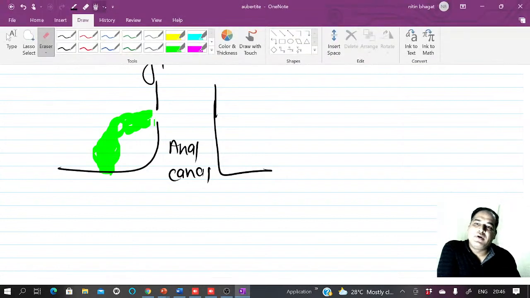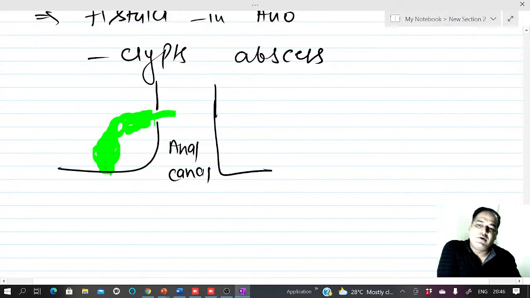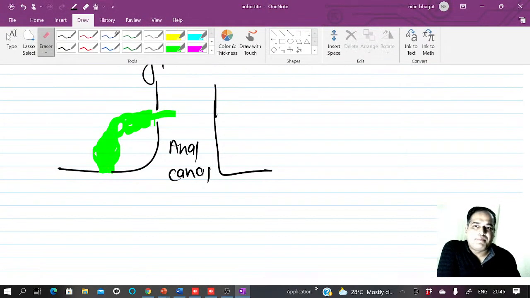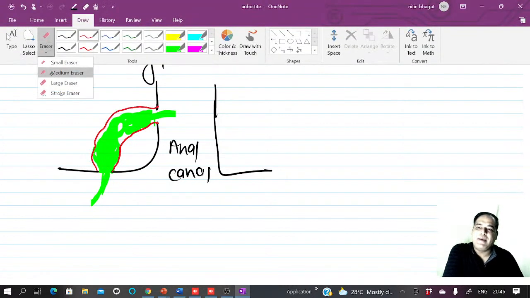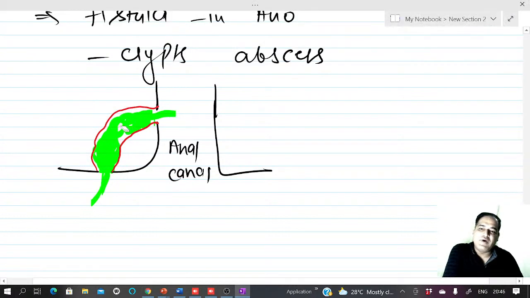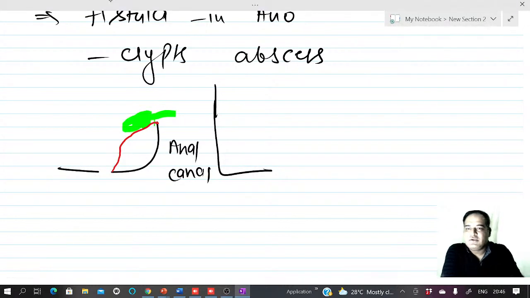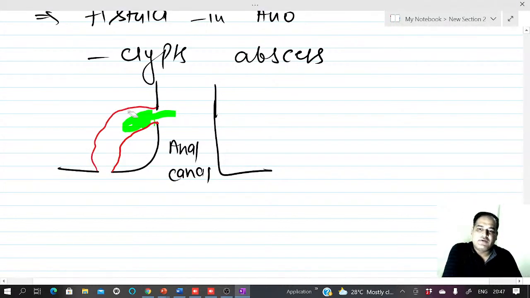So the pus will trickle down here. Ultimately, there are only two ways for pus: either you drain it surgically, or it will find its own way. The area around this pus will get epithelialized, and a well-defined tract will form. So this tract is called the fistula in ano.